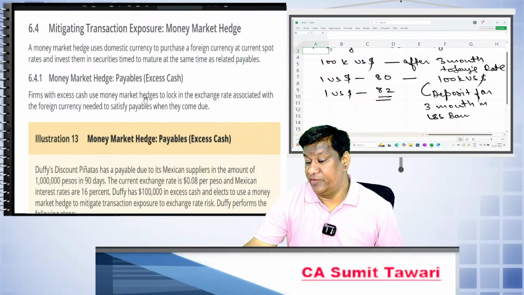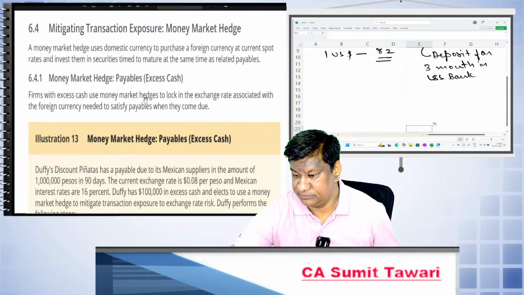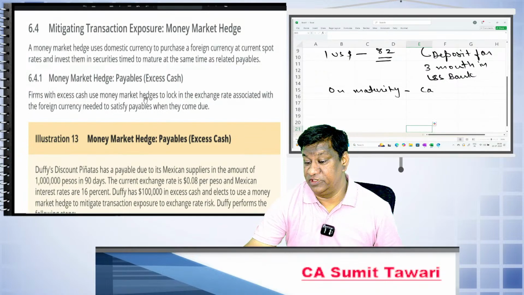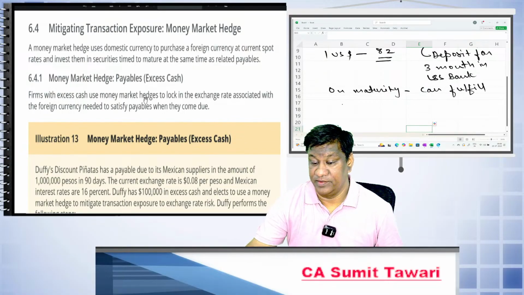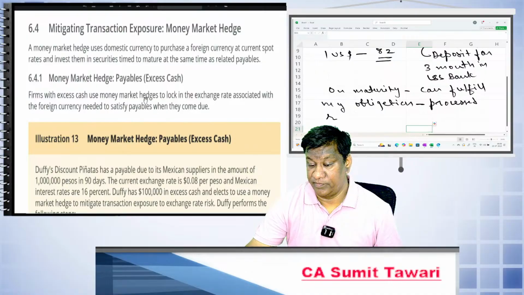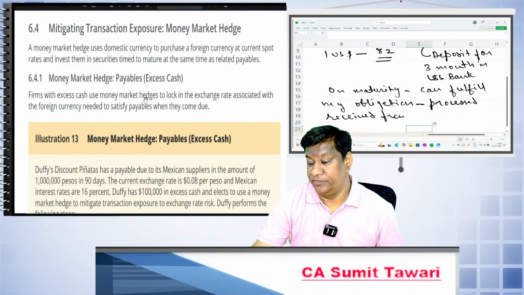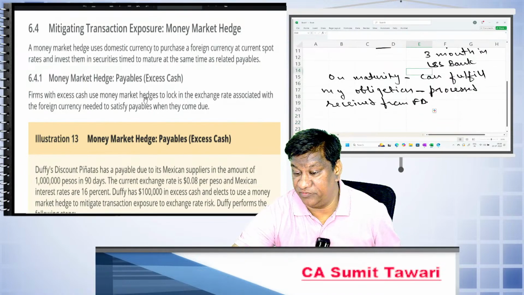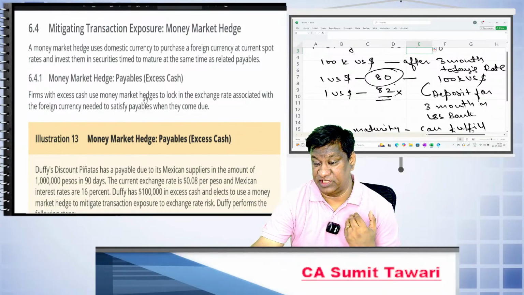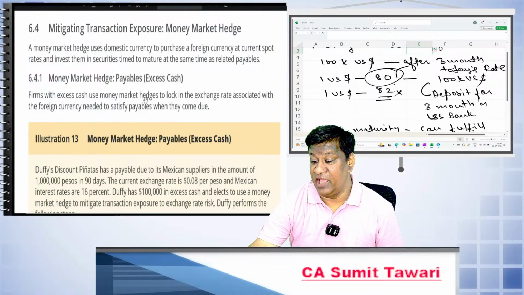On maturity, I can fulfill my obligation with whatever proceeds I receive from the FD. I use the exchange rate of 80, not 82. I have not taken any risk of further strengthening of the US dollar. That risk I have avoided. I use the exchange rate of 80, and this way I can manage my payable.